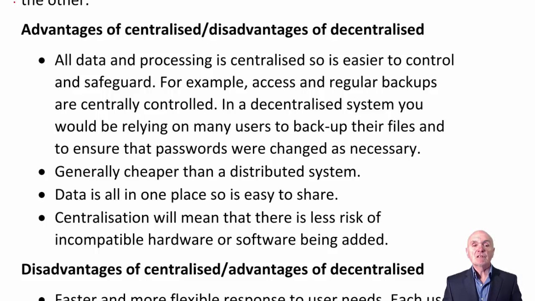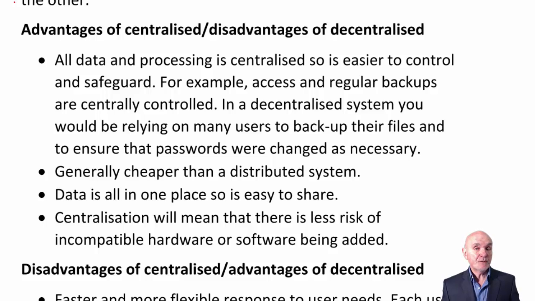So the advantages of a centralized system, again, a bit like the cloud, if it's centralized, all your programs, all your data is centralized, you can lock away that computer securely. You can make sure that there's a good virus checker on it. You can make sure that it's updated properly and backed up properly. Far easier than trying to get a dozen people maybe to do that.